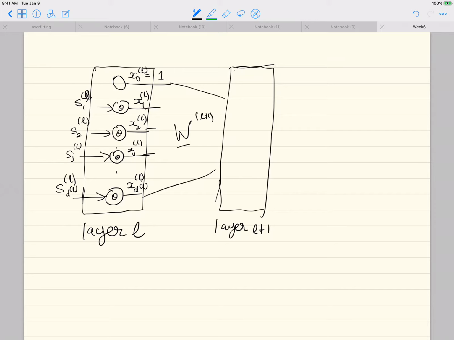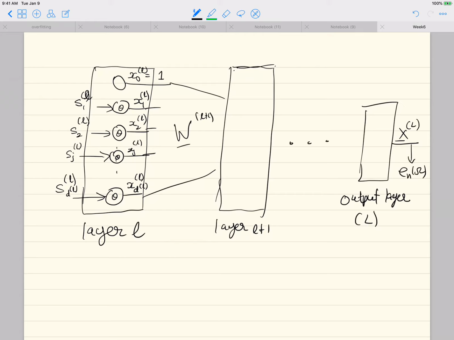We did this in the last lecture. This process continues until you go to the output layer, where we produce the output X of L, and then from this we compute En of omega, the loss function on the example of interest.